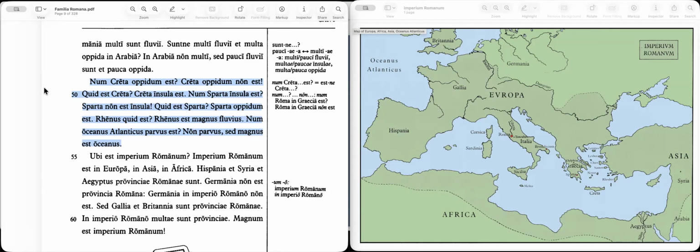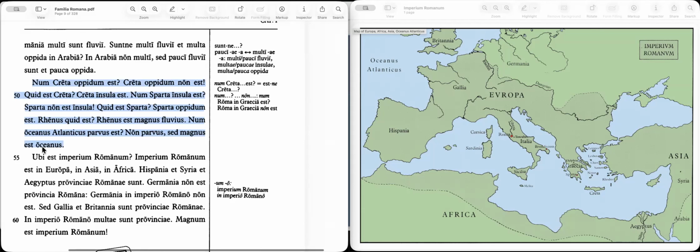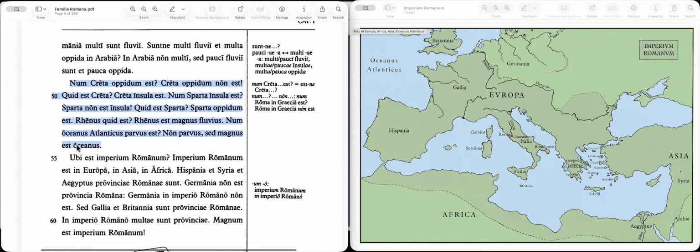Very good. Minor tweak. Watch out for the oppidum. That's English leaking in. And the other one is, this is C before E, so it is soft. Oceanus. Sorry, just pretend you're sitting there eating spaghetti and have a glass of wine and you're Italian or something.